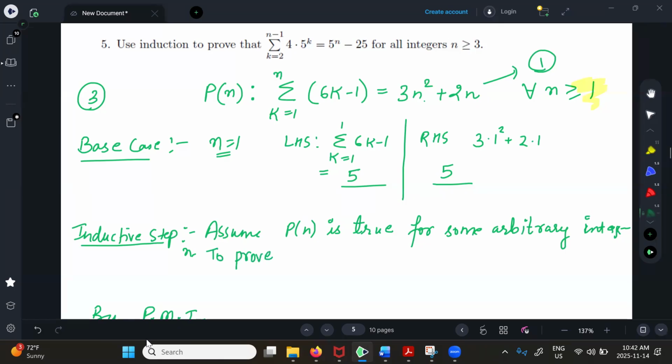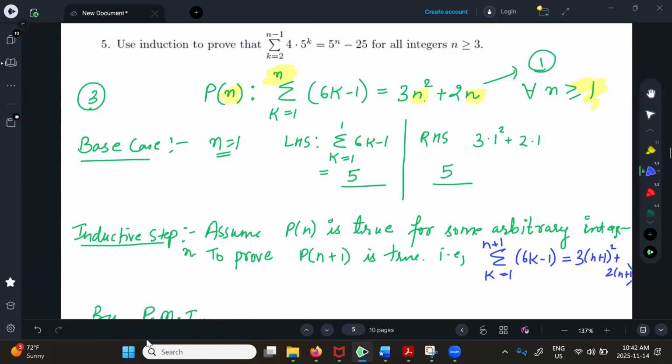To prove Pn plus 1 is true, everybody should be able to write until here. So write down what we need to prove. Pn plus 1 means wherever you see n in the formula, replace it with n plus 1. So I'll go summation k going from 1 to n plus 1, 6k minus 1 equals 3 times n plus 1 squared plus 2 times n plus 1.